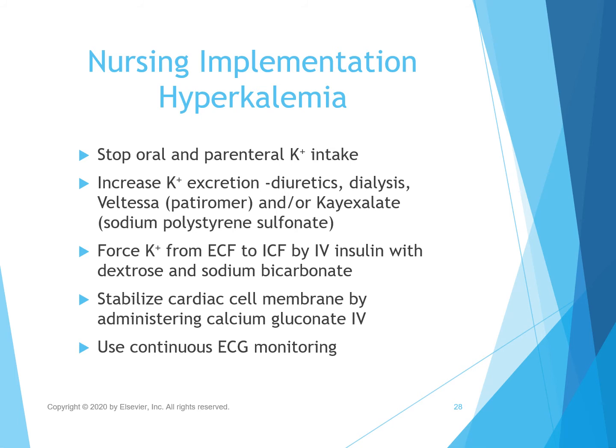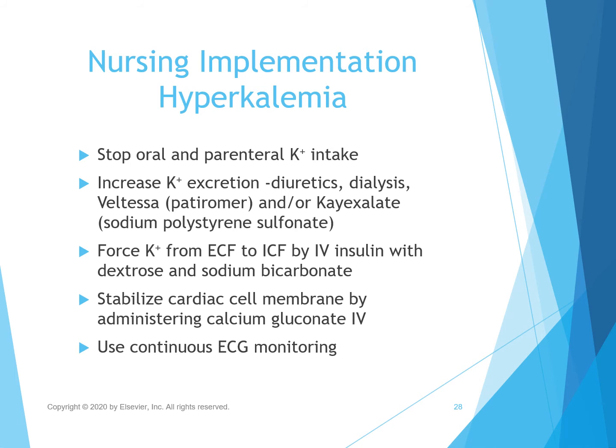If a patient had a very high potassium level and they were in ICU, sometimes we use IV insulin, along with dextrose, sodium bicarb, or even calcium gluconate that you could give to this patient. And what happens is that actually forces the potassium back into the cell.